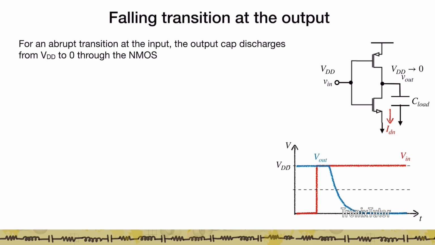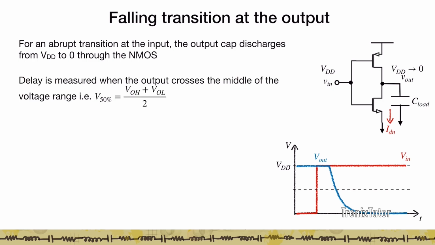If I look at the output profile, it looks something of this fashion. It looks like an RC, but it is not an RC. Now, the delay I would measure is the difference. Again, this is a CMOS circuit, so I will measure the difference at VDD/2.